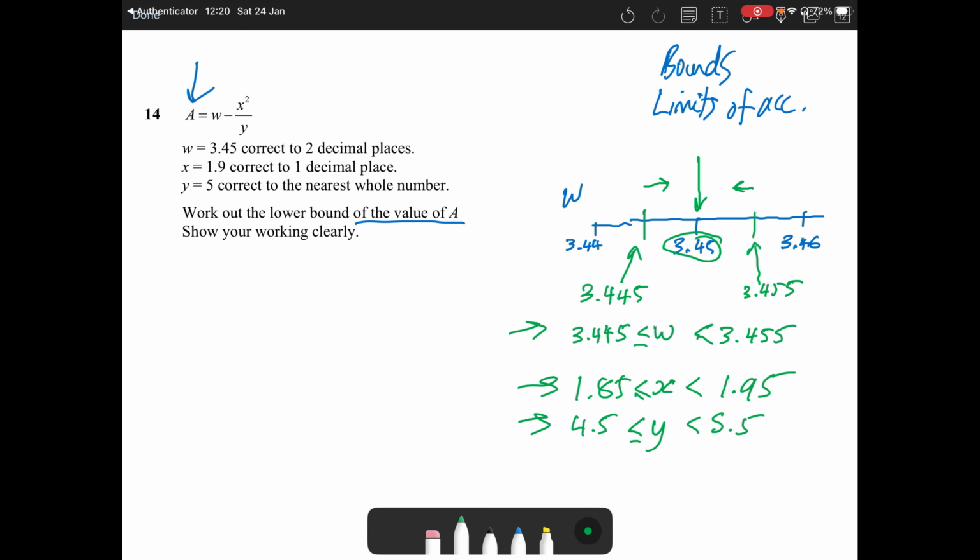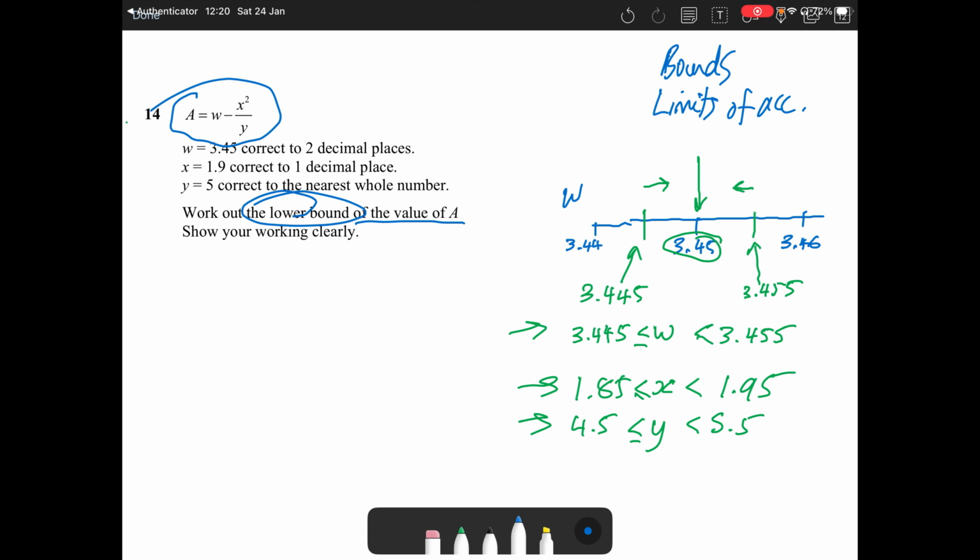So coming back to the original question, what A is, I'm allowed to mix and match any values of W and X and Y as long as they're within those ranges of values. So I can pick any value of W between 3.445 and 3.455. I can choose any value of X between 1.85 and 1.95, and the same for Y, 4.5 to 5.5. Okay, lower bound means this: what's the smallest possible value of A I could get by carefully choosing the right values of W, X, and Y?